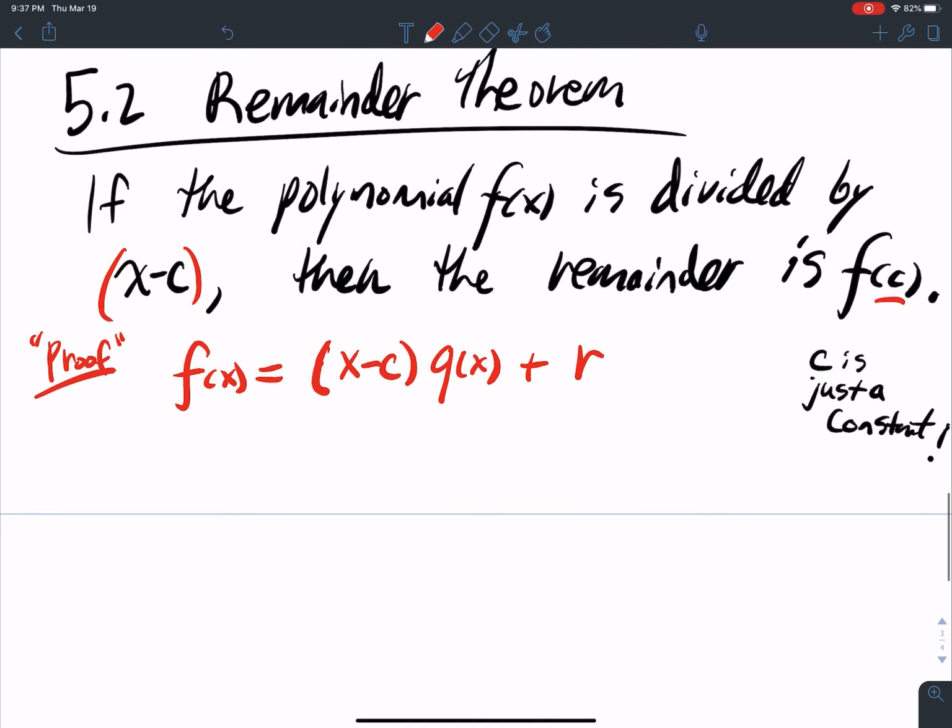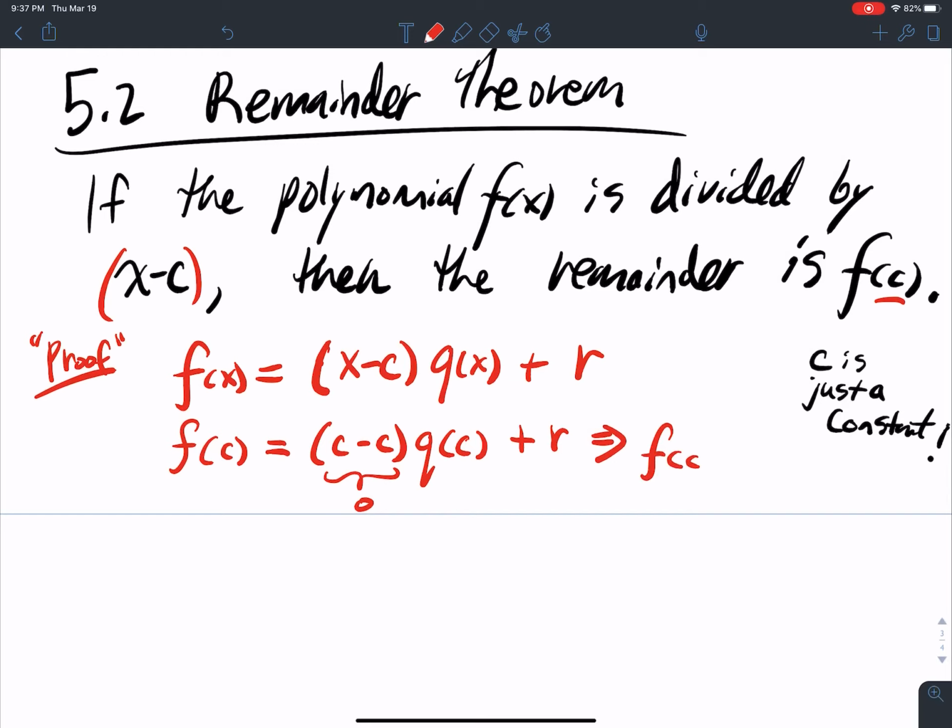If I plug in c to my function, I get c minus c multiplied by q of c plus r. But c minus c is 0, and 0 times q of c is just 0. So that tells me that f of c is equal to the remainder. Okay, how about that?